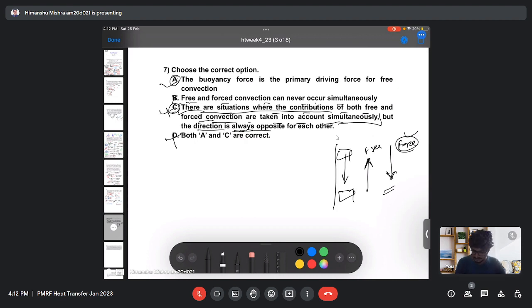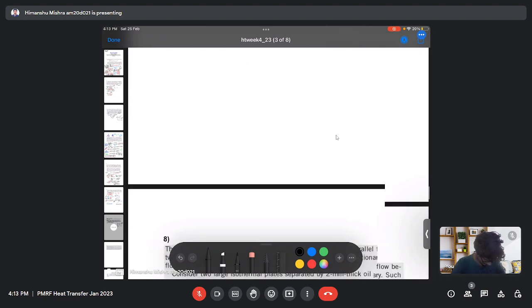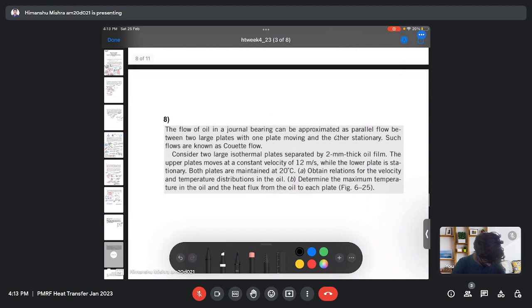So let's move to the next question. In this question, the flow of oil in a journal bearing can be approximated as parallel flow between two large plates, with one plate moving and the other stationary.